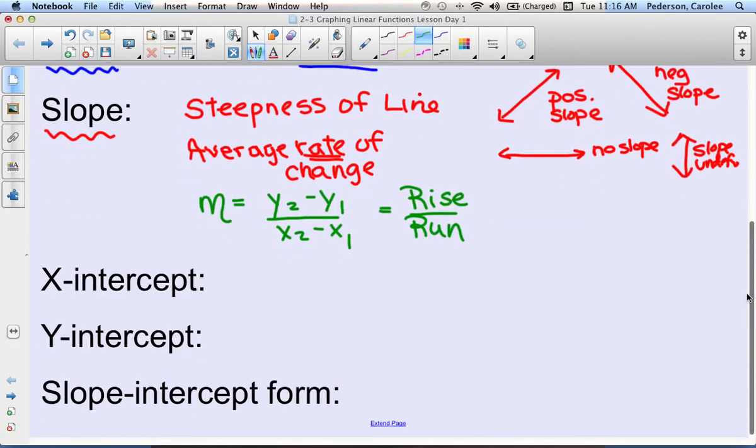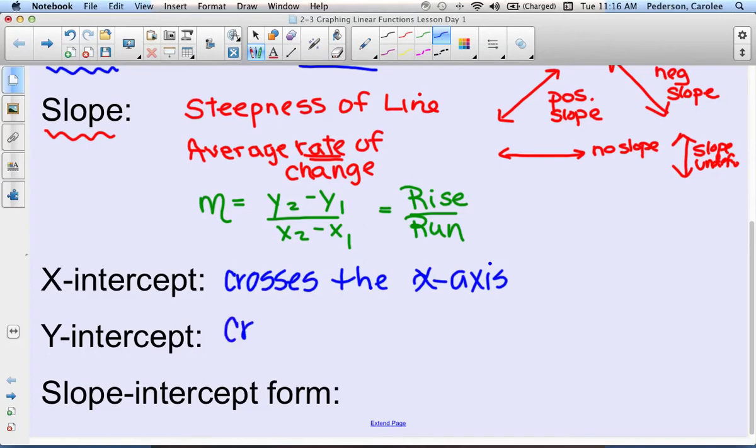The next vocabulary word is x-intercept. It's where it crosses the x-axis. The y-intercept is where it crosses the y-axis.